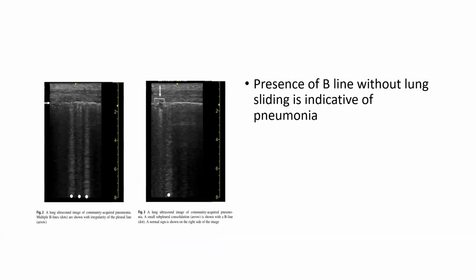This is the presence of B lines without lung sliding. This is the lung ultrasound picture of community acquired pneumonia, where we can see absent lung sliding and the presence of B lines, which is indicative of pneumonia.